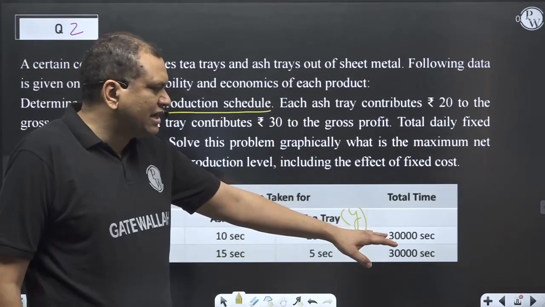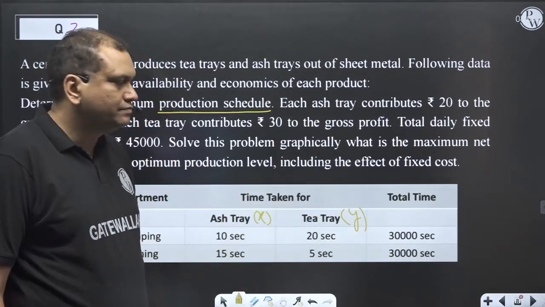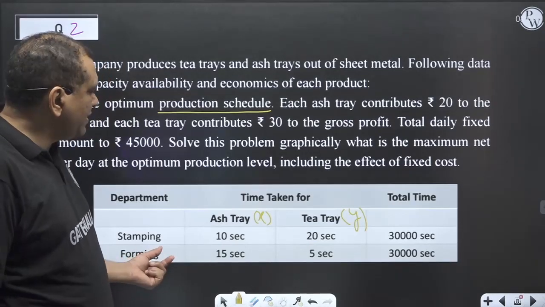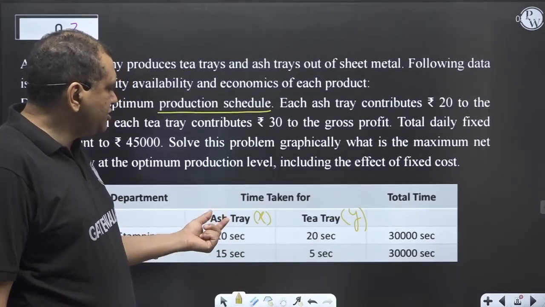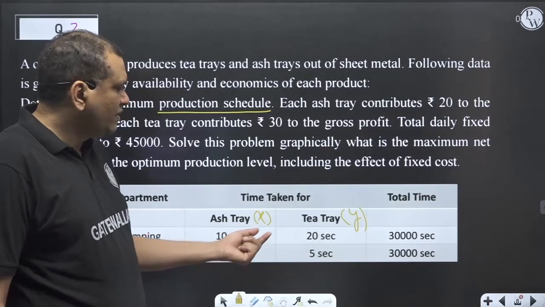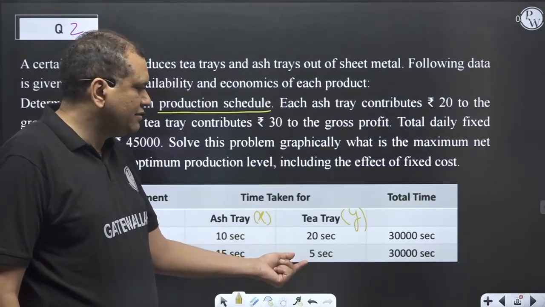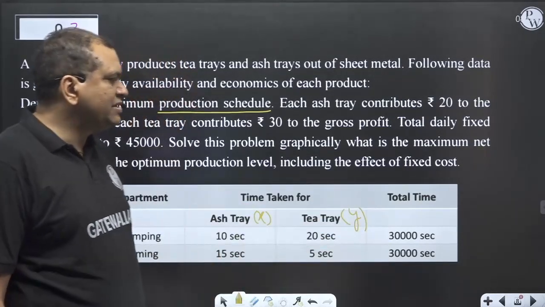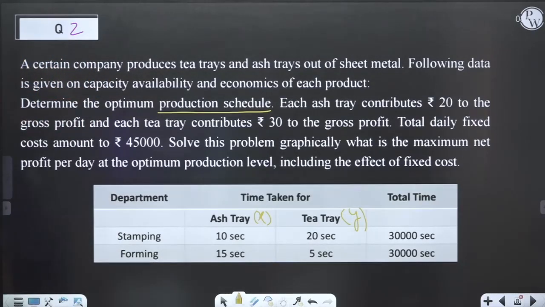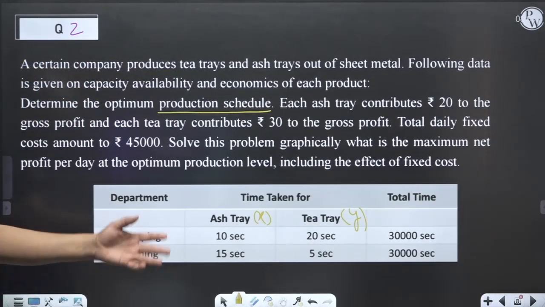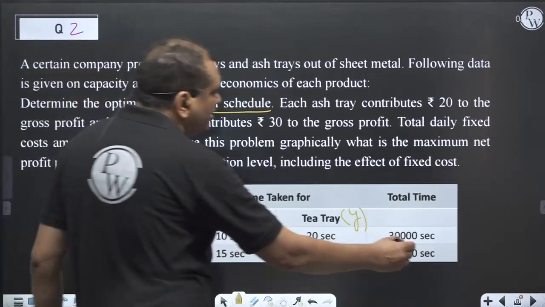Stamping, the available time is 30,000 seconds. Forming press: ashtray consumes 15 seconds, tea tray consumes 5 seconds, and the total available time is 30,000 seconds. We cannot exceed this time limit on each machine.